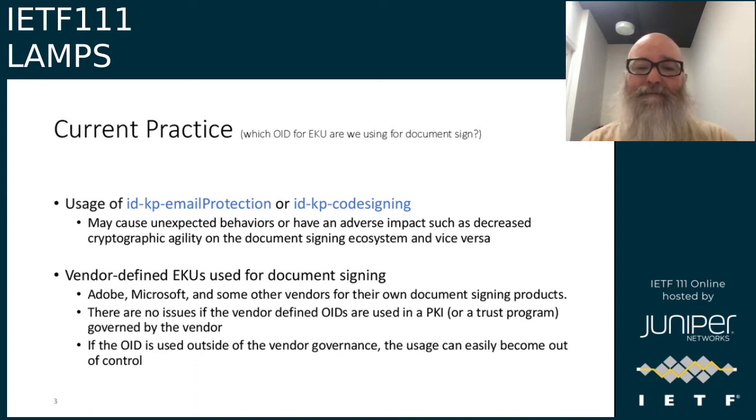We also think there may already be some vendor-defined EKUs for document signing, for example from Adobe and Microsoft and others that have document signing products. There's really no issue with using vendor-defined OIDs, but it'd be weird to adopt them someplace else. So the idea is that we'd like to define a generic purpose one.